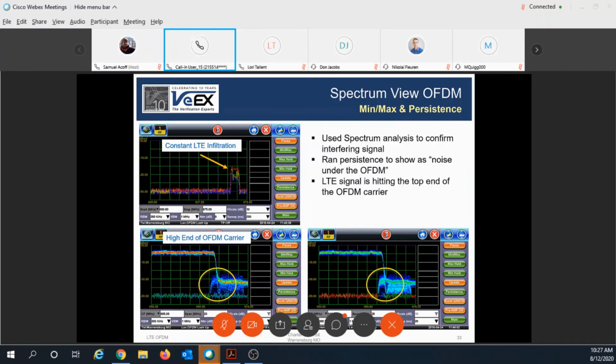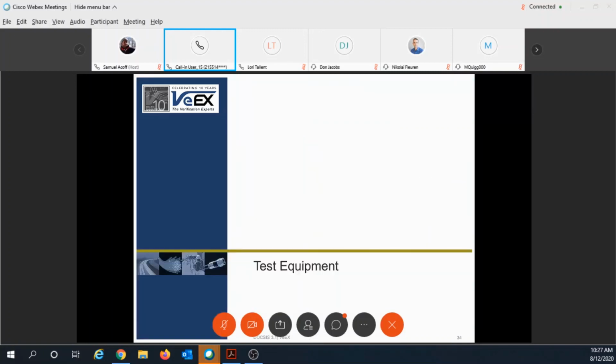Again, probably not enough to affect customer performance, but the tools that we have are very capable of finding even the smallest issue inside an OFDM.